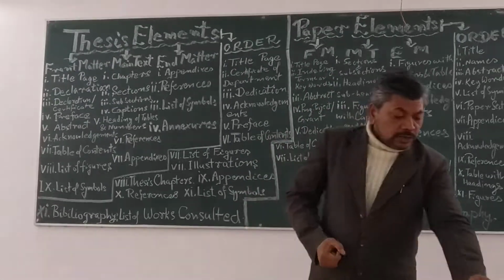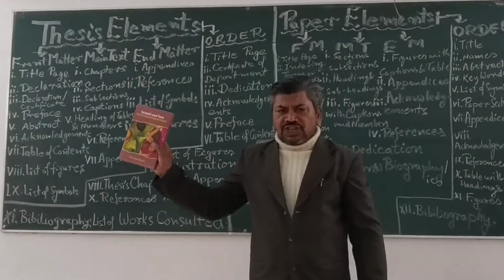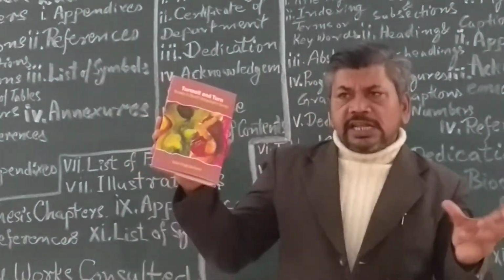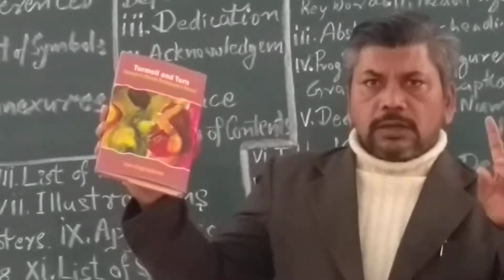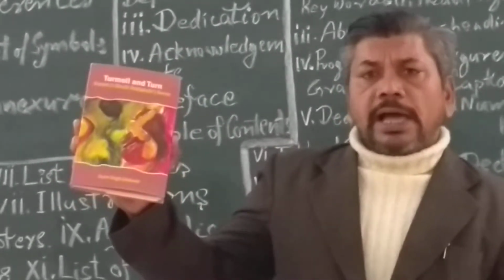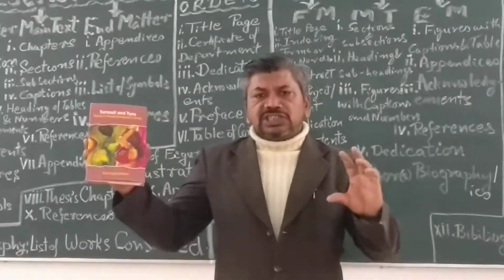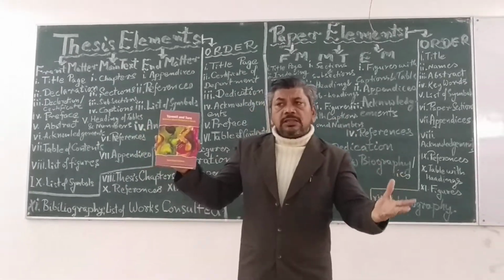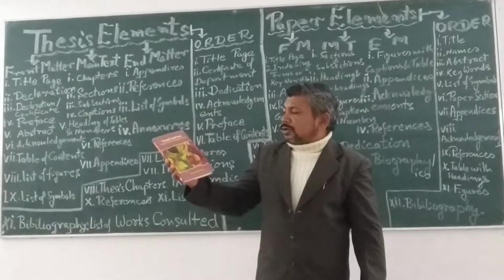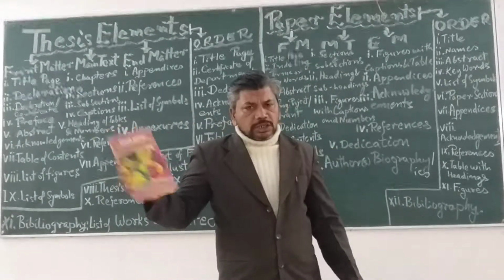I have another work by Dr. Dalveer Singh Gehlawat, and the title indicates action and motion inside itself: Turmoil and Turn, differences before change, disturbances before change. Turmoil and Turn, Women in Shashi Deshpande's Novels.